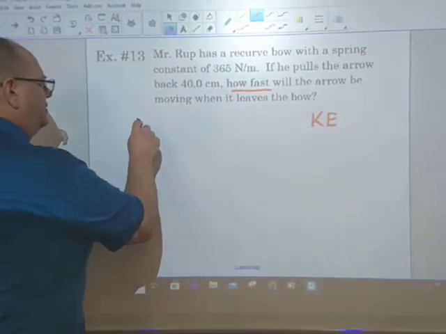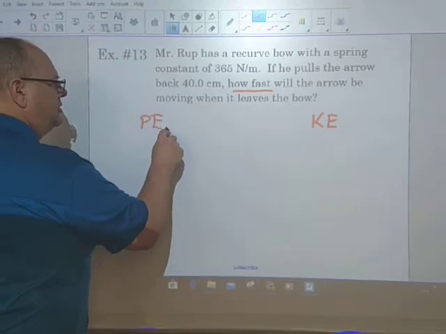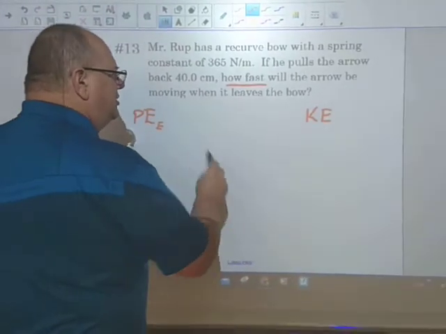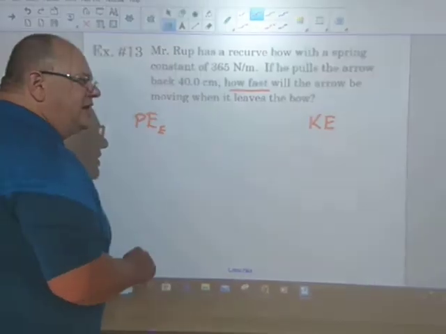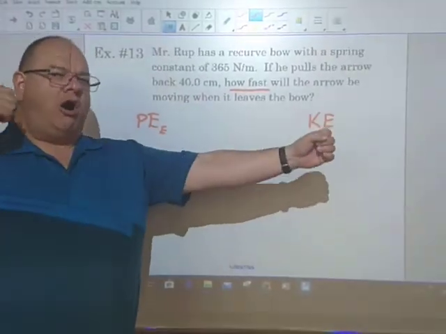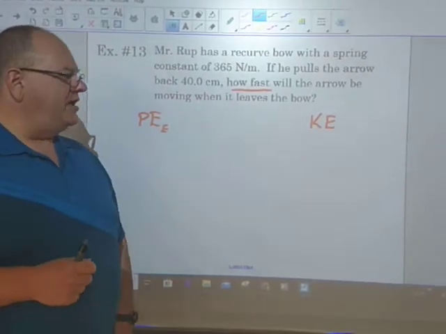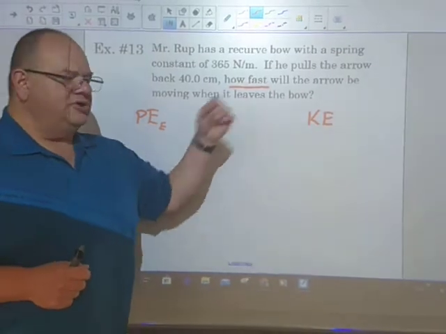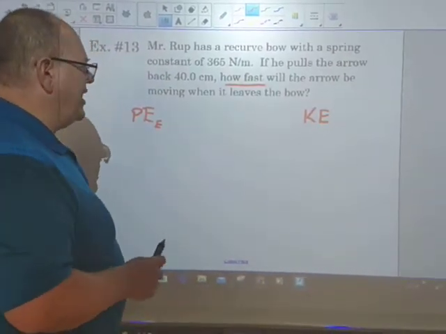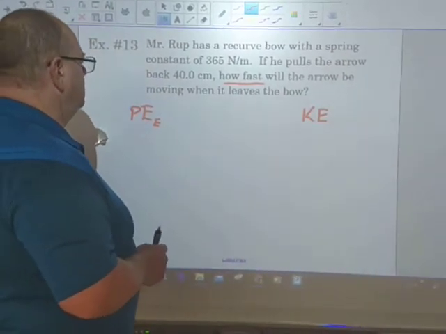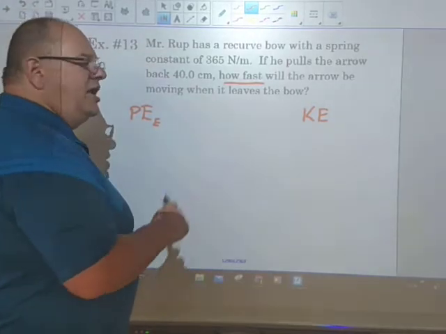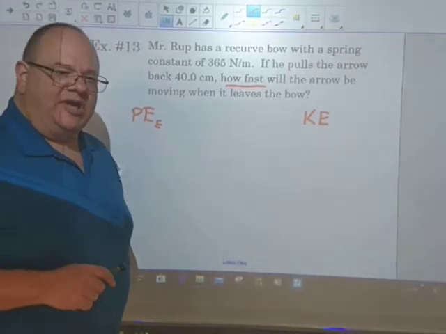So I'm going to start out with elastic potential energy, and I want to change it to kinetic energy. So I'm going to imagine that all the potential that I had stored in that bow turns into the kinetic energy of my arrow. I think I forgot to give you a piece of information that you need here.